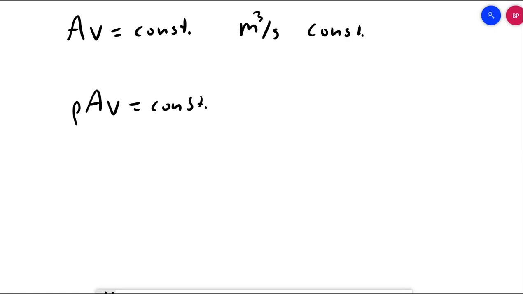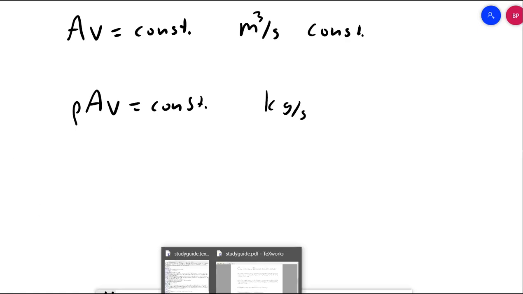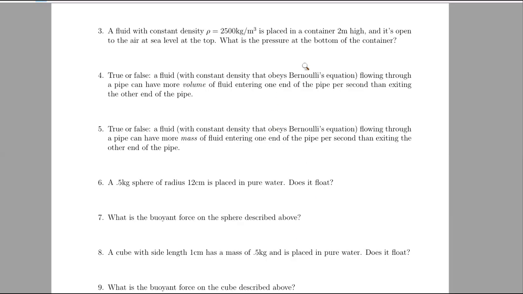If you look at the units here, this is in kilograms per second. So the rate at which mass enters the pipe has to be the same as the rate at which mass exits the pipe. So this is also false. Notice that both of those things are constant as long as the density is constant. If the density can change, then you could have some fluid that gets more or less dense at a different point in the pipe, but we won't worry about that.